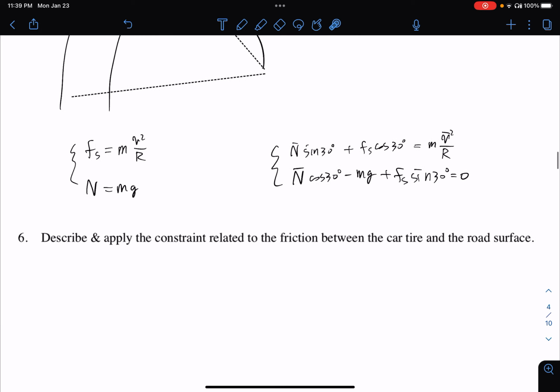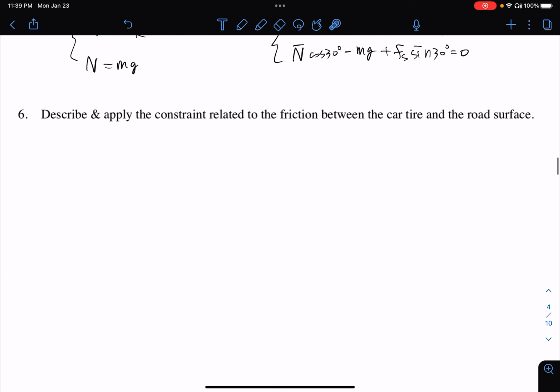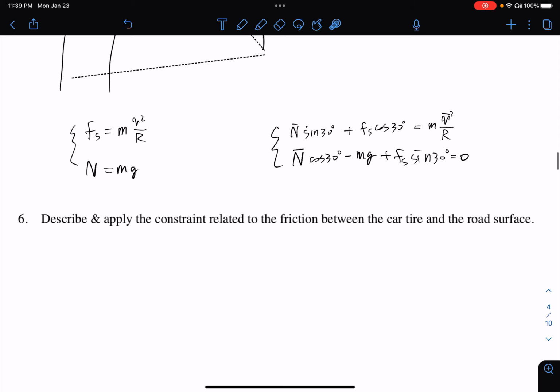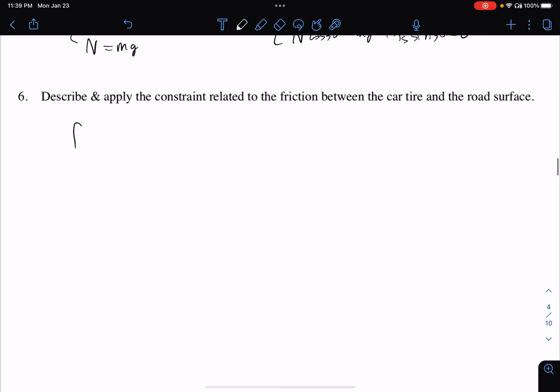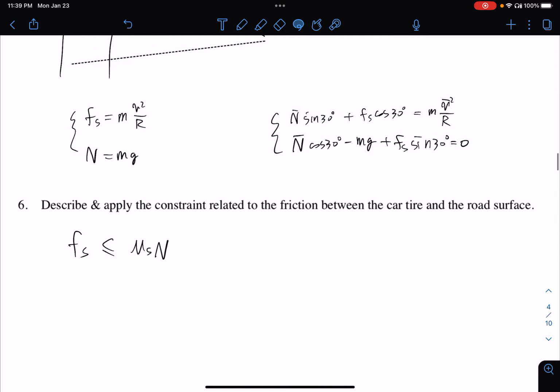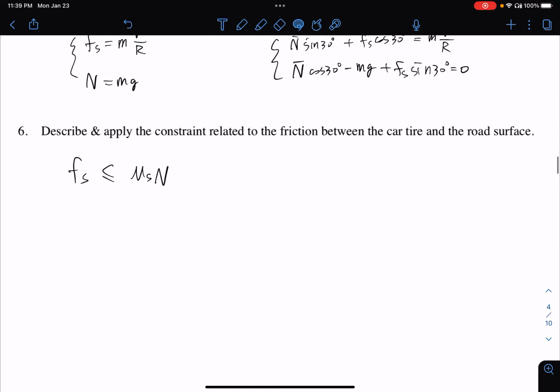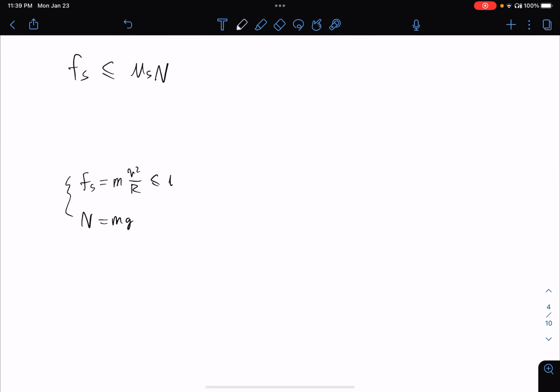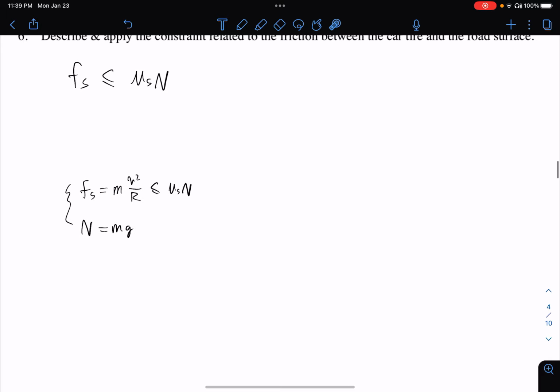Now we can describe the friction and apply some constraint. The constraint about friction is that it should always be smaller than the normal force times the coefficient of static friction. So in this case, we can add a constraint right over here because this thing directly equals the static friction.